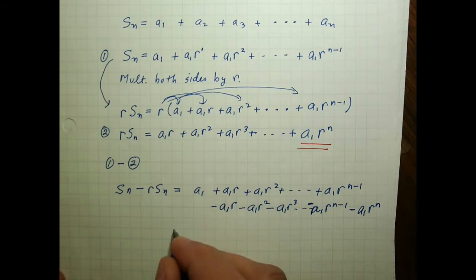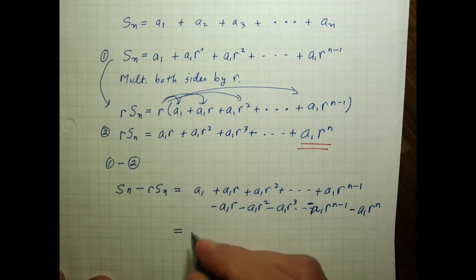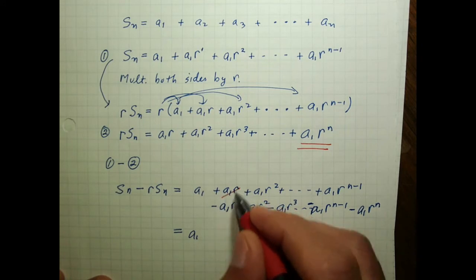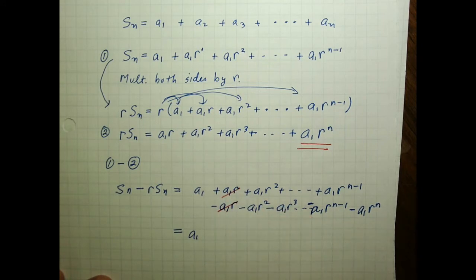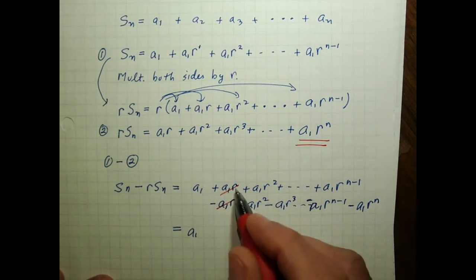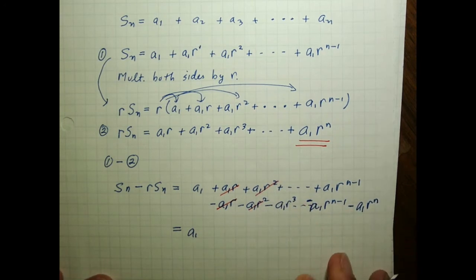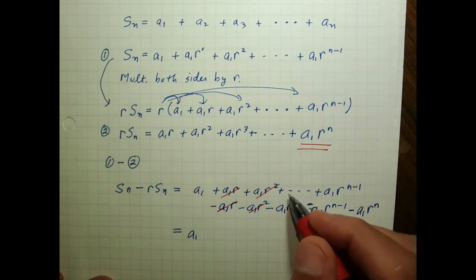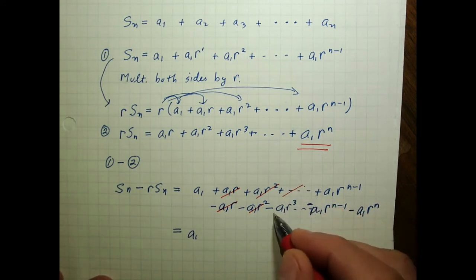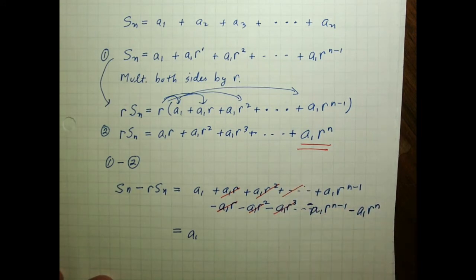So when I combine like terms here, I'll have an a1 all by itself, but now a1r minus a1r, that's why I lined them up in that way. Like terms are going to cancel out. a1r squared minus a1r squared. Now you have to believe that there's an a1r cubed here that's going to cancel with the minus a1r cubed.